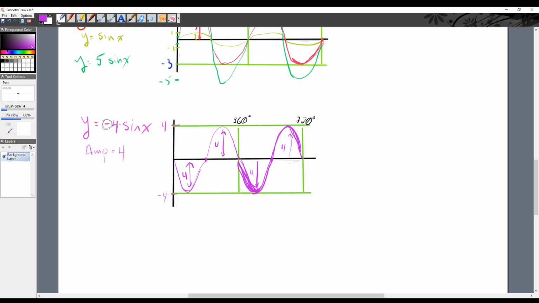So it tells me how far from the center line we can get, but it also tells me whether it goes upwards to start or it goes downwards to start. And for sine, if it's positive, it goes upwards to start. And if it's negative, it goes downwards to start. So that is the a value with respect to sine. Okay.